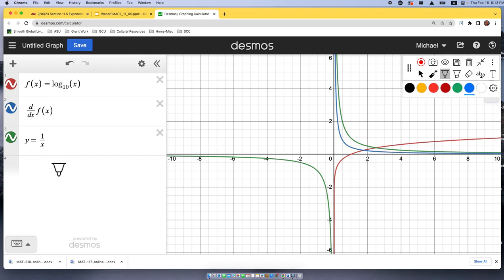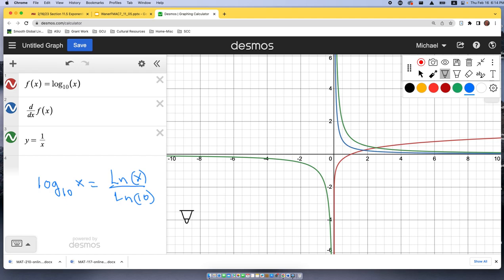Do you remember, maybe you don't, if I was going to take, say, log base 10, usually we don't put the base 10. There is a way I can do this, it's called the change of base formula. You might have learned this in algebra, that we could actually use the natural log to find this. So I can do this with the natural log of x divided by the natural log of 10.